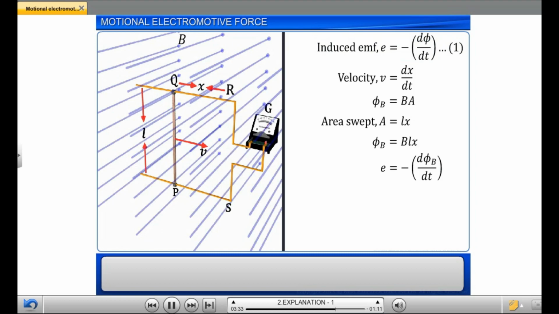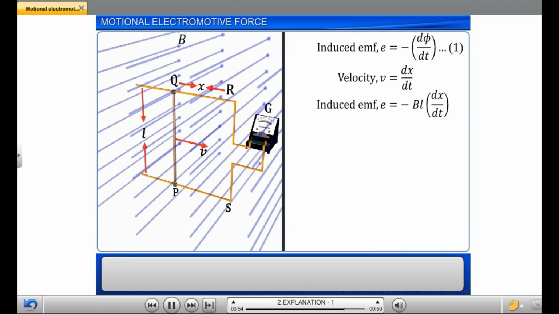Substituting for phi B, we get E is equal to minus d by dt of BLX. As B and L are constant and only X is the variable, we can write E is equal to minus BL into dx by dt.